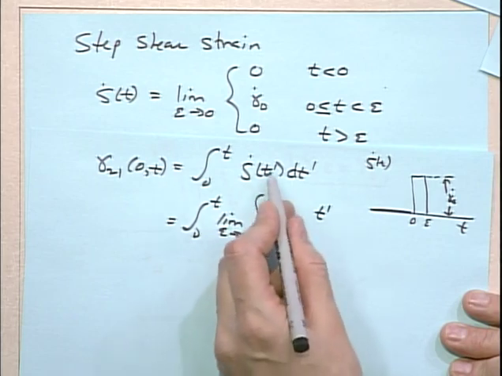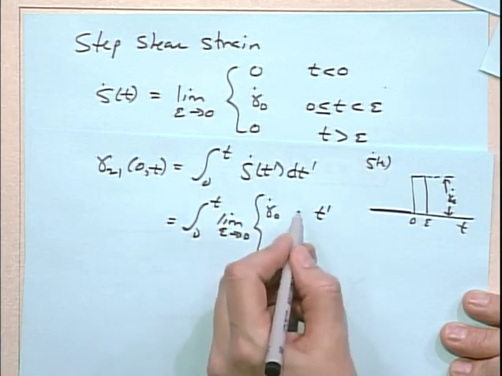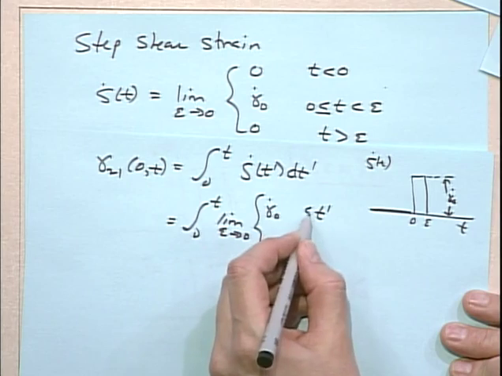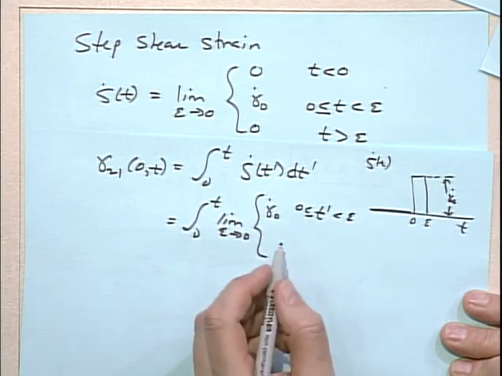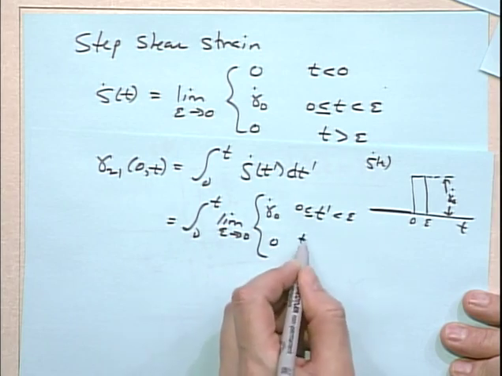Remember, we're doing sigma dot at t prime as a function of t prime up to epsilon, and then it becomes 0.